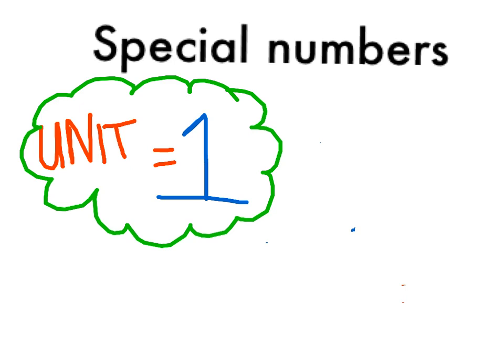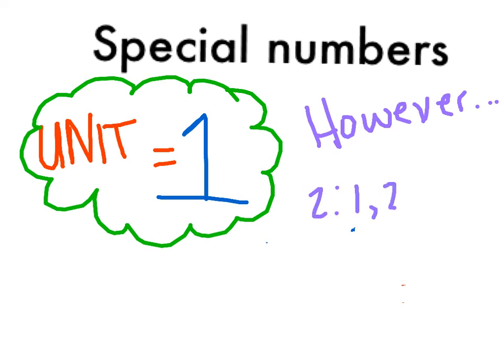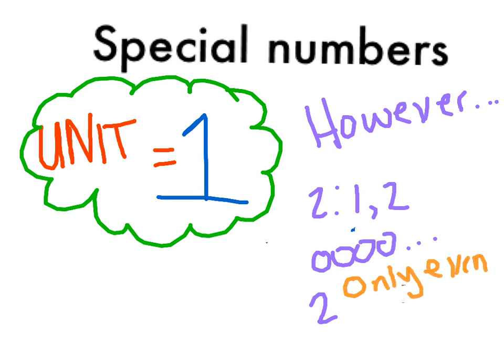However, if we were to list the factors for the number 2, our factors of 2 would just be 1 and 2. So that follows the rules of a prime number. Exactly 2 factors. So that means our special number 2 is the only even number that is prime. Say that again. The number 2 is the only even number that is prime.